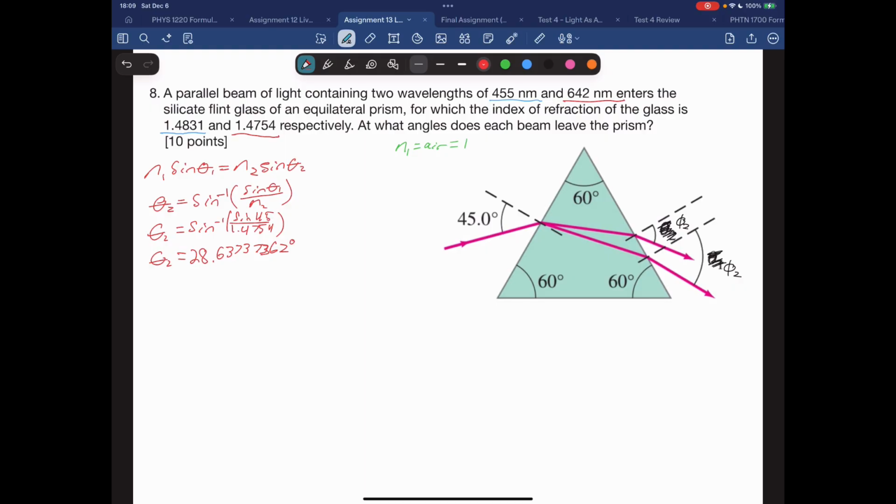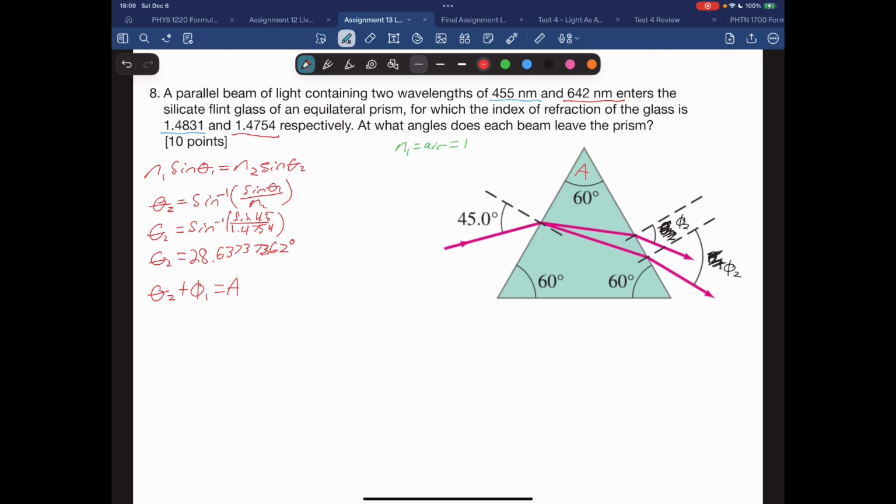Now, for the little bit of geometry, this is my angle of refraction of the red ray. So this is my angle as measured to the normal here. I need my angles of incidence here and here. And so from class, we have our formula of theta 2 plus phi 1 equals A, where the angle A is the apex up here, so that is my 60 degrees.